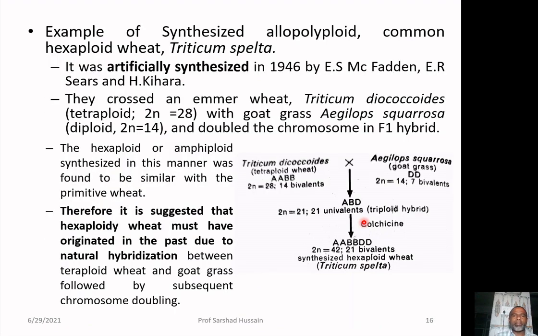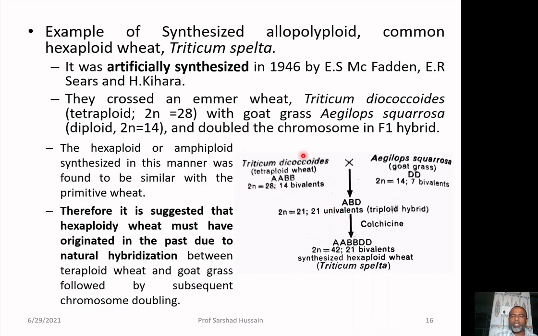Another classical example is Triticum spelta, which is a hexaploid wheat. Triticum spelta was synthesized by scientists, for example E.S. McFadden, E.R. Sears and H. Kihara in 1946.